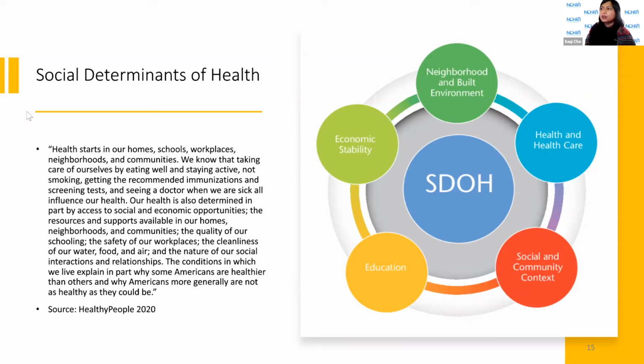But our health is also determined in part by access to social and economic opportunities, the resources and the supports that are available in our homes and neighborhoods and communities, the quality of our schooling, the safety of our workplaces, the cleanliness of our water, food, and air, and the nature of our social interactions and relationships. The conditions in which we live explain in part why some Americans are healthier and others more generally are not as healthy as they could be.